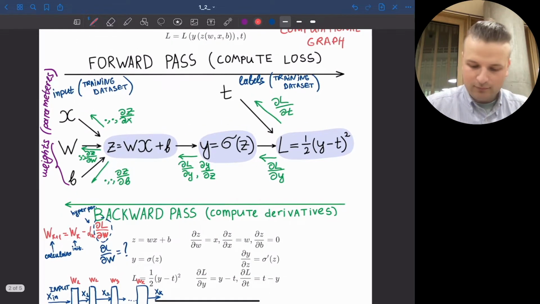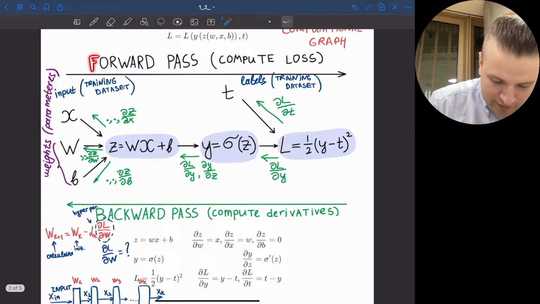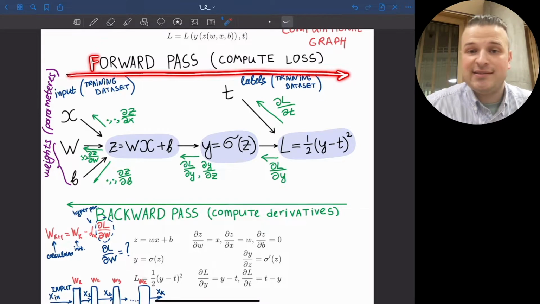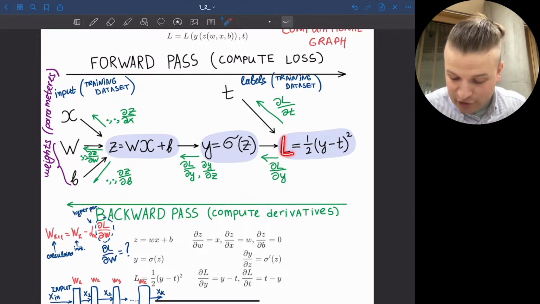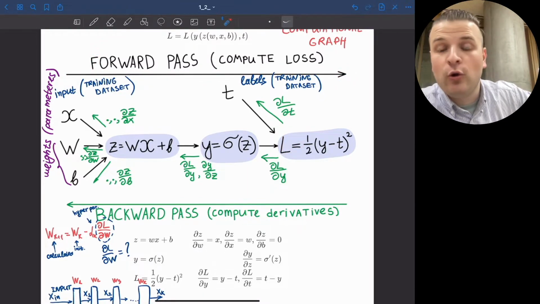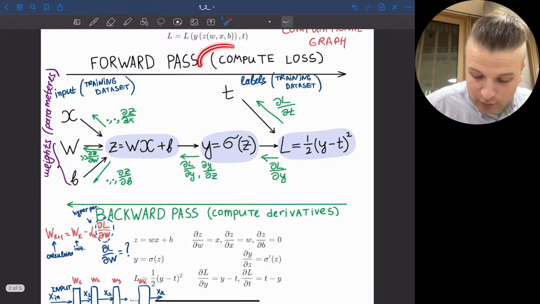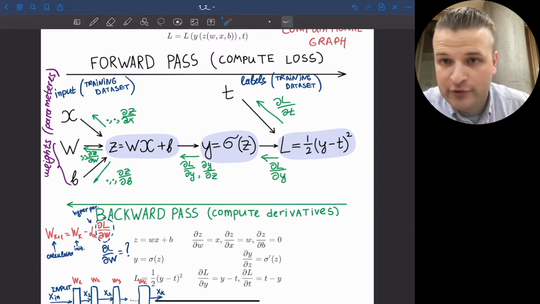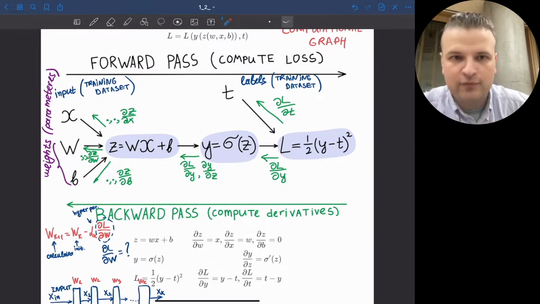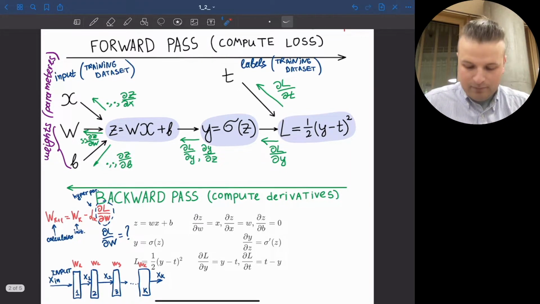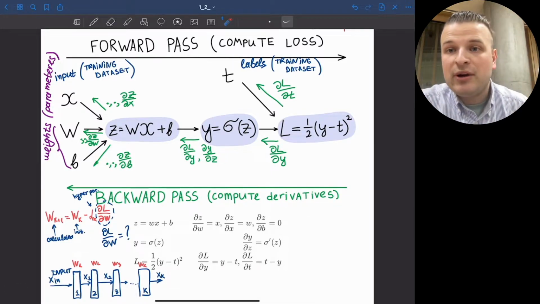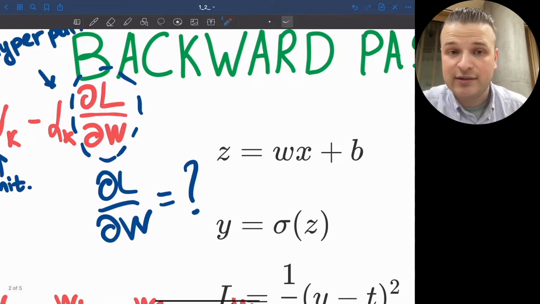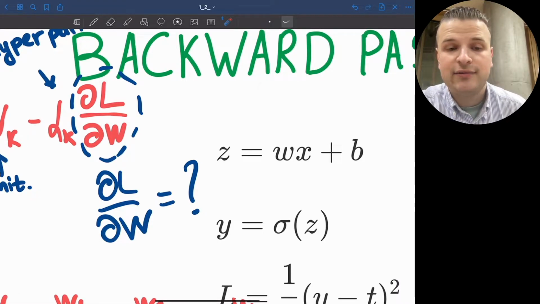And during our forward pass, we just compute a loss function at the end. So the goal of the forward pass is to compute the loss function. Pretty obvious, nothing special for now. But remember our goal. Our goal is to compute this derivative dl divided by dw.